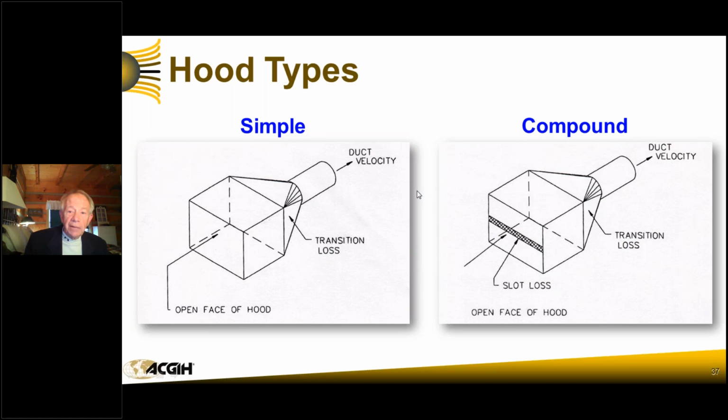In this case, the aerodynamic loss is the same here and here, but it's different at the face and different at the slot. So compound hood, two places of acceleration, one here, one here. In the simple, we really don't have an acceleration point here because the velocity here is slow enough that I don't care. We'll talk about that a little bit later. And then here we come up to full duct velocity, which will be in excess of approximately 30 miles an hour or about 3,000 feet per minute.